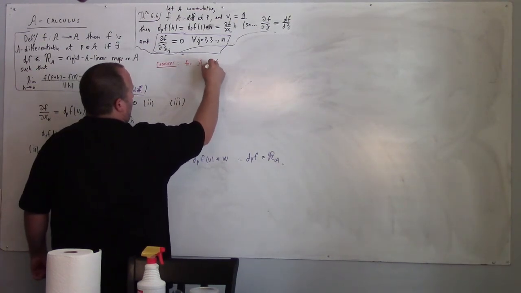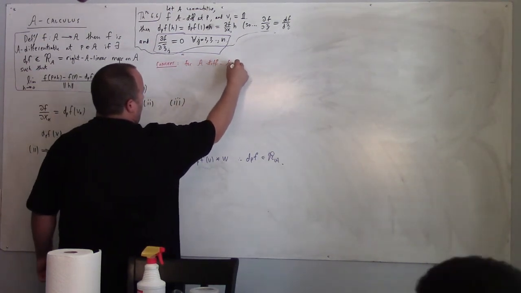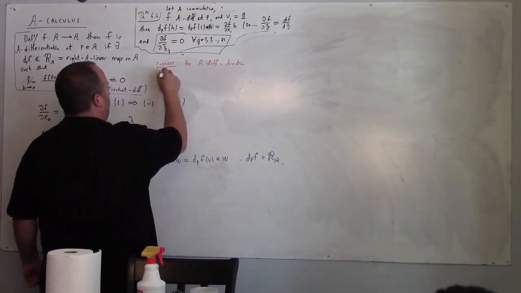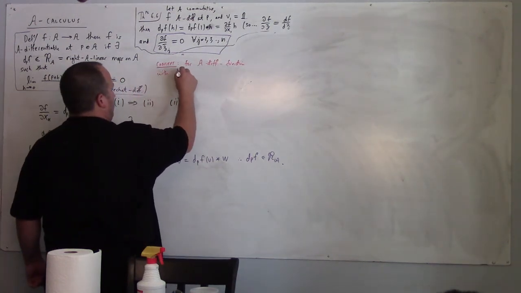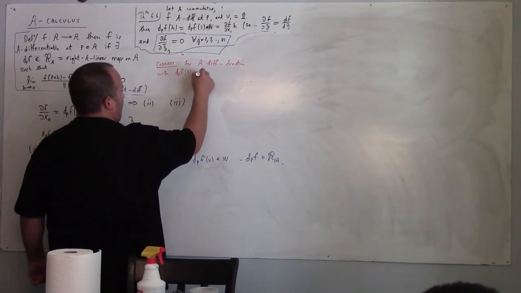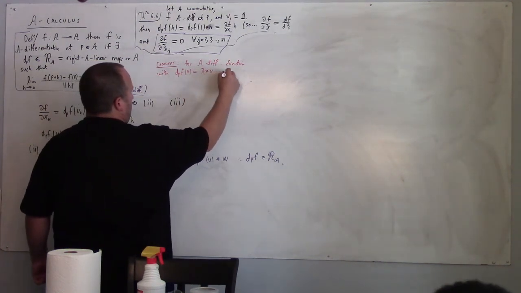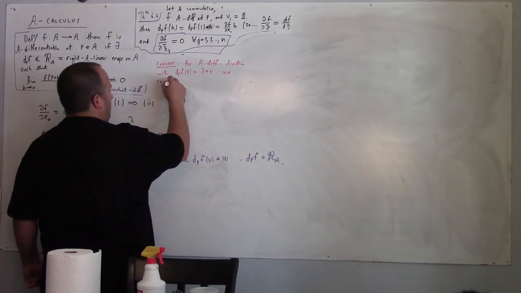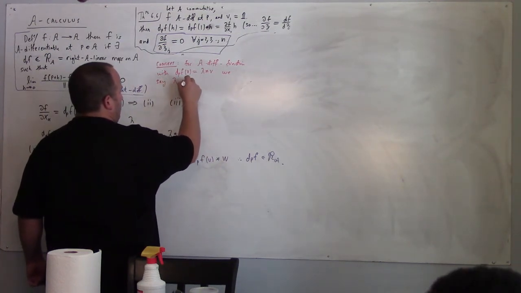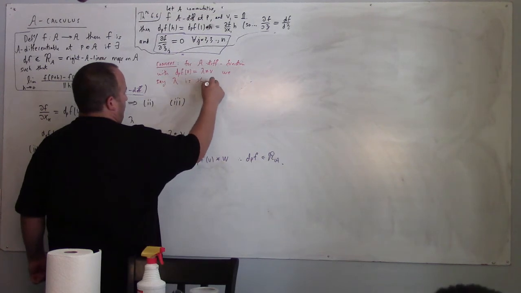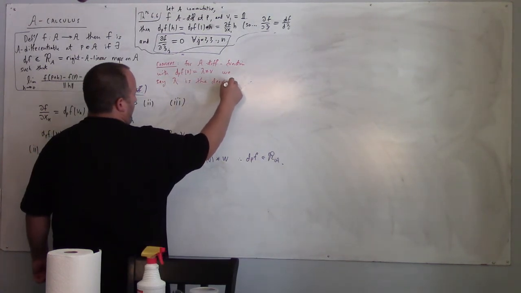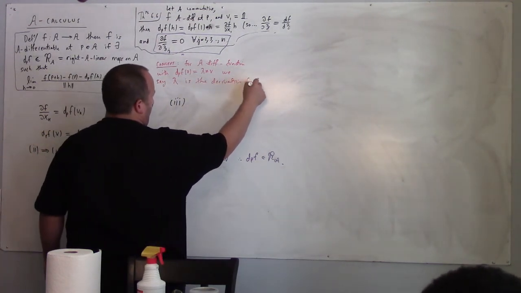So for any differentiable function with d_p f of v equal to lambda times v, we say lambda is the derivative of f at p.